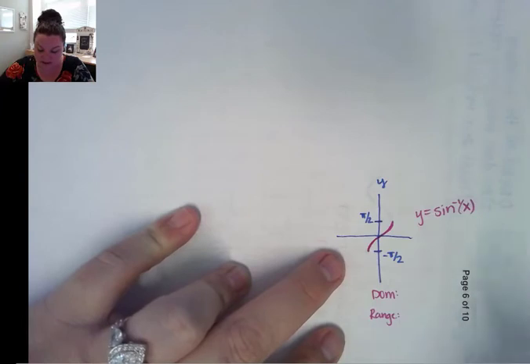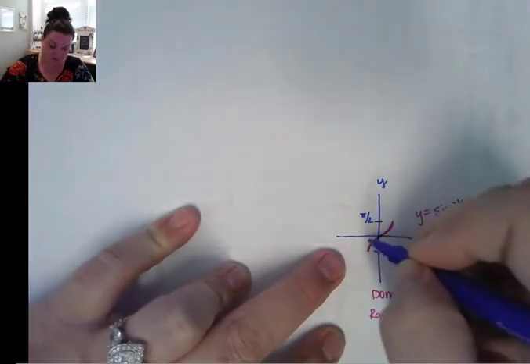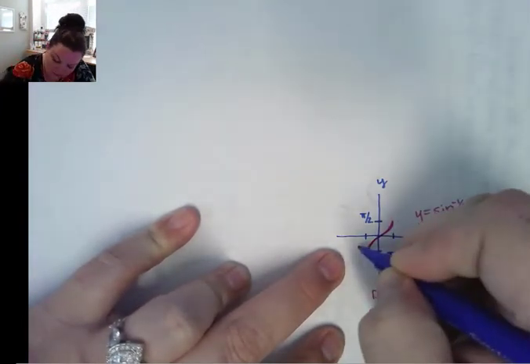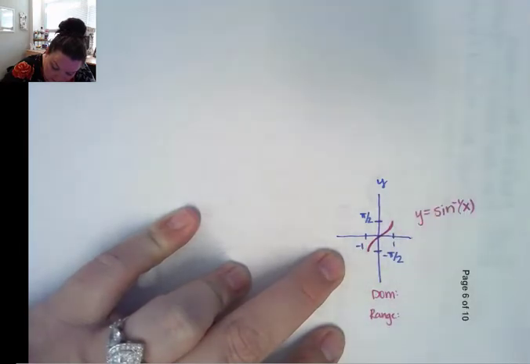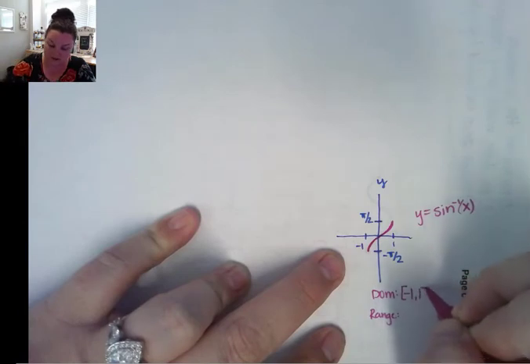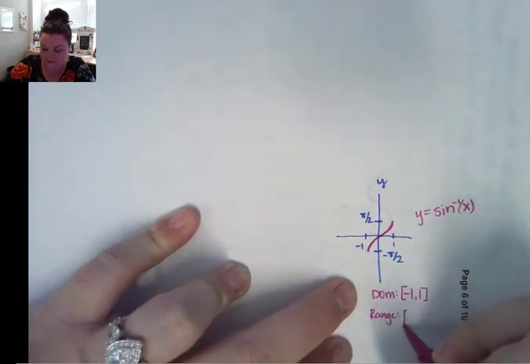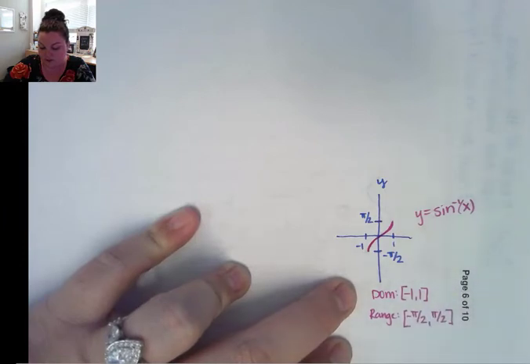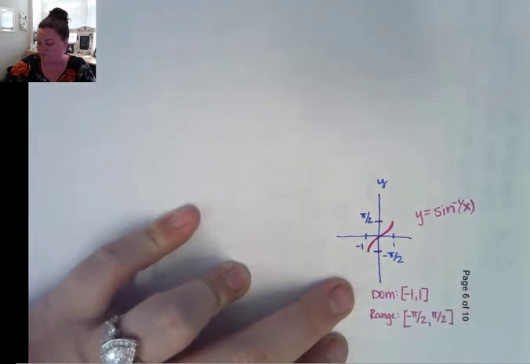So you can see here that this is going to go from, let me label this. This is from -1 to 1 on my domain. And then my range is going to go from -pi/2 up to pi/2.